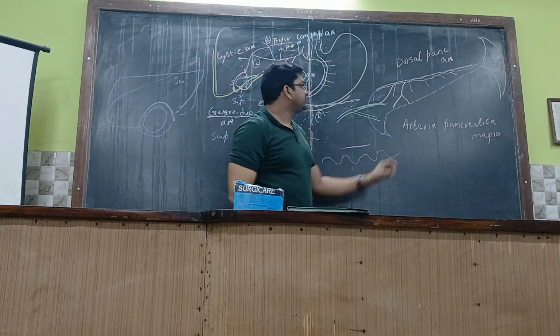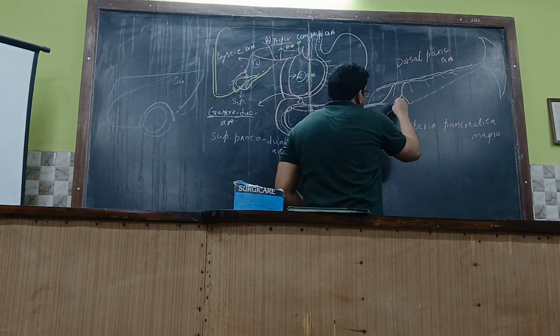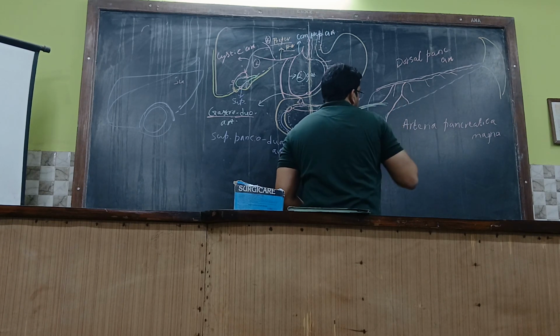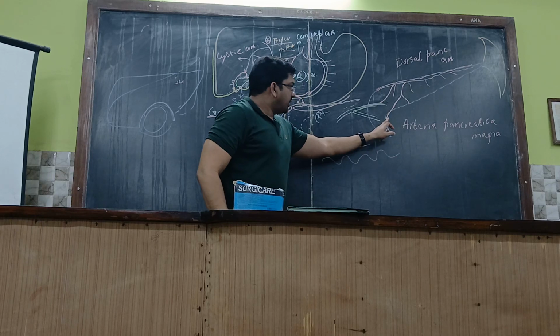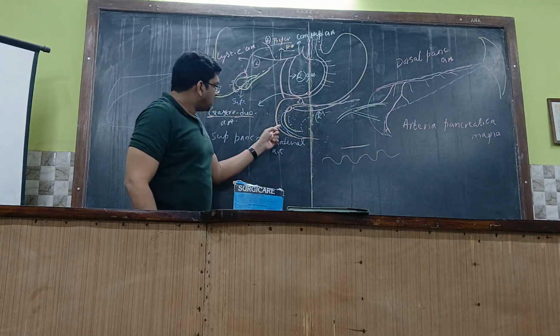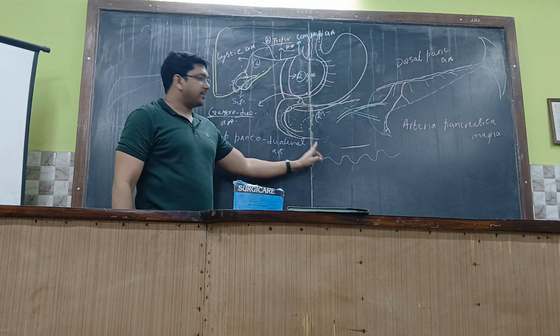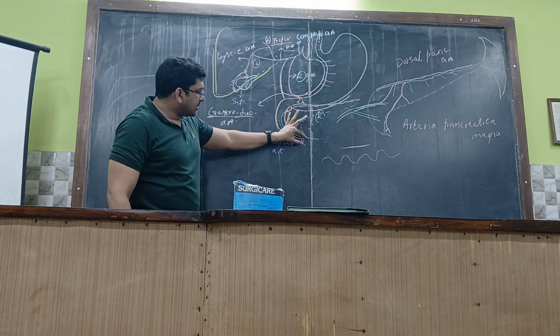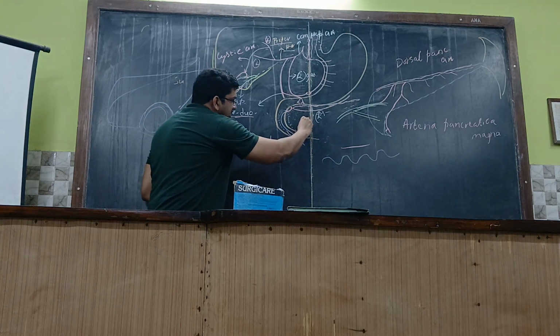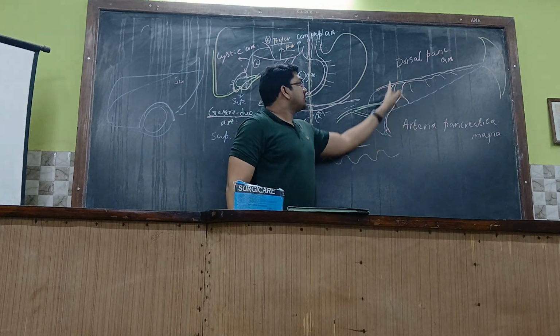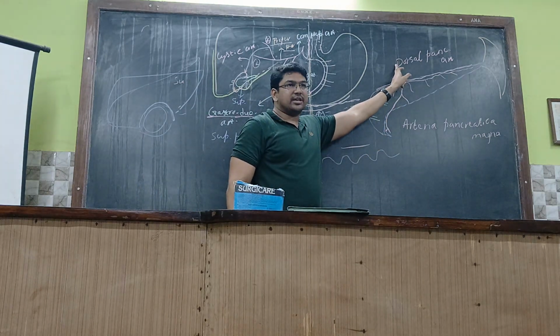This right branch will be going downwards and anastomoses with the inferior pancreaticoduodenal arcade. Could you understand? This inferior pancreaticoduodenal arcade will be anastomosing with the right branch of the dorsal pancreatic artery. Could you understand?